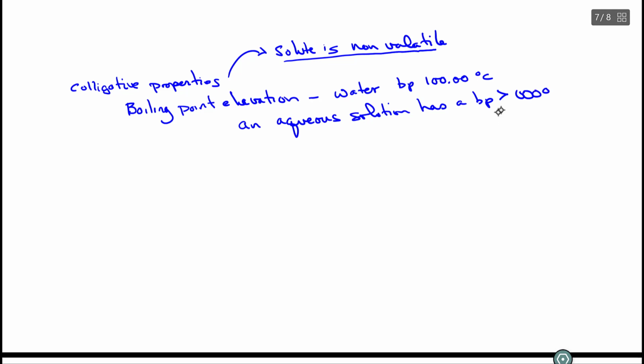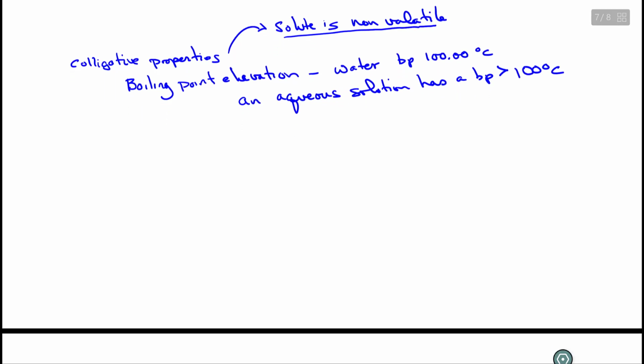That's what the elevation part means. It means the boiling point increases above its normal boiling point. The reasons for this, there's a lot of different hand-waving-ish reasons, but basically it's just because adding the solute makes it harder for the molecules of the solvent to leave the solution. And this is especially true when we have non-volatile solute particles.